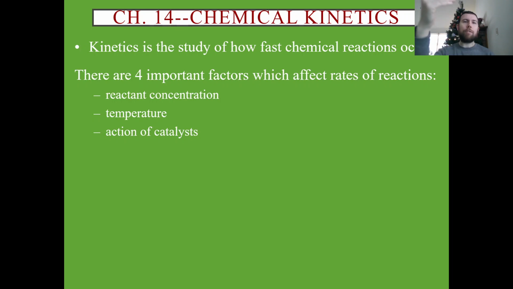They either provide a lower energy pathway by decreasing the activation energy needed for a reaction to take place, or they can cause molecules to change their orientation so that more effective collisions can happen and product formation can take place. So either way, a catalyst is going to speed up a reaction.